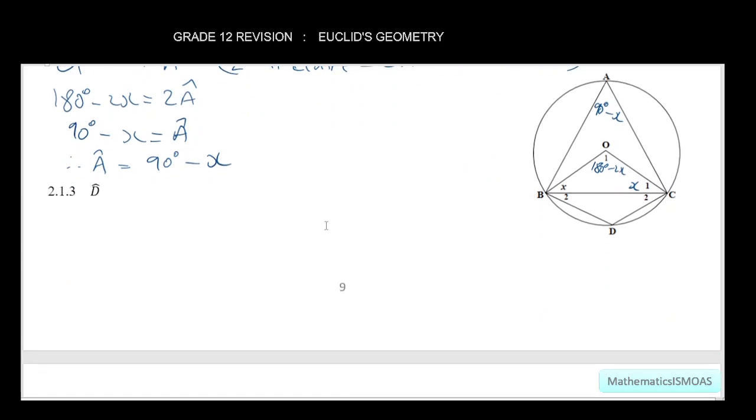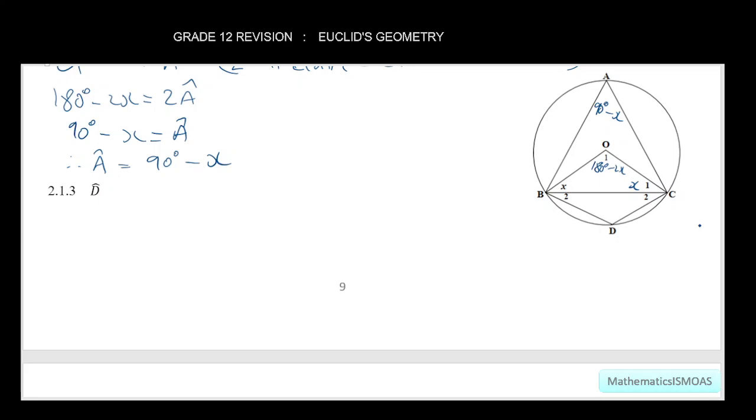And then 2.1.3, determine the size of D in terms of x. Then we can see that quadrilateral ABDC is a cyclic quadrilateral, because the vertices A, B, D, and C are on the circumference of the circle.